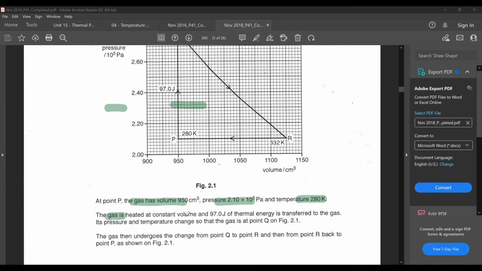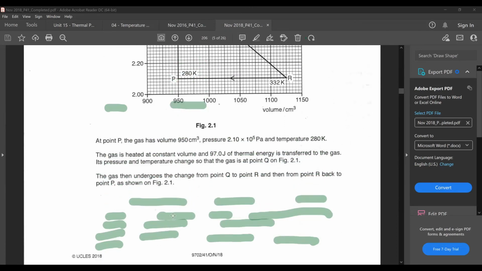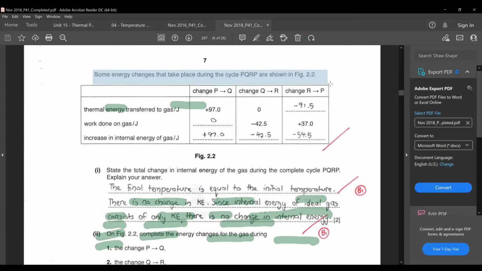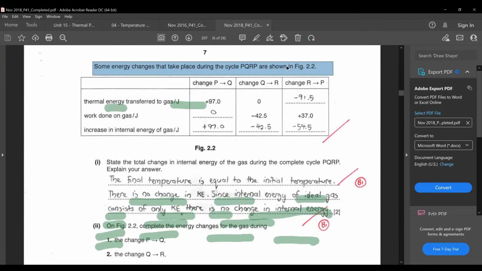The gas is heated at constant volume and 97 joules of thermal energy is transferred to the gas. Its pressure and temperature change so that the gas is at point Q. The gas then undergoes a change from Q to R and then from R back to P as shown in the figures here. So here they are asking you, if you look at the next page, some of the energy changes that take place during the cycle PQRP, with some missing blanks which you haven't filled in.